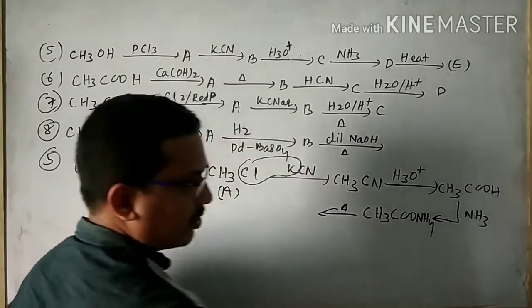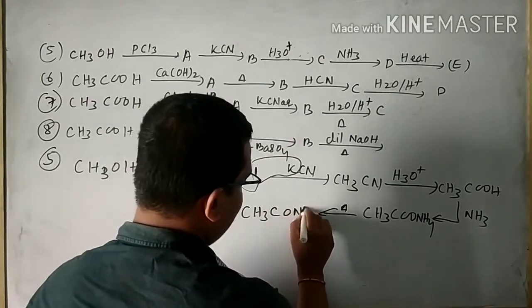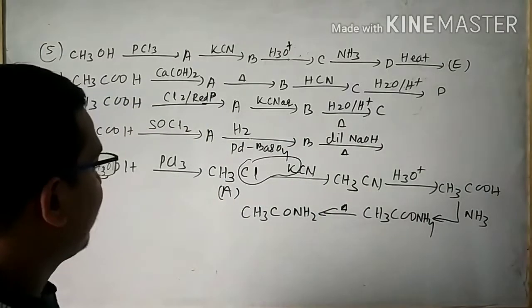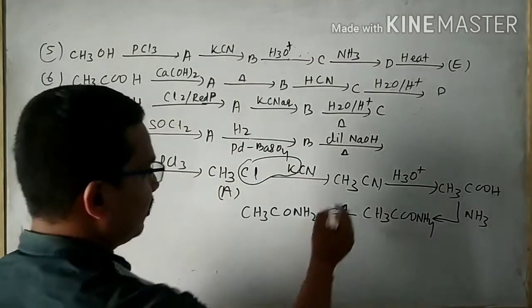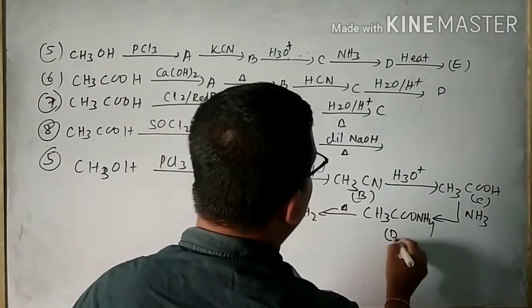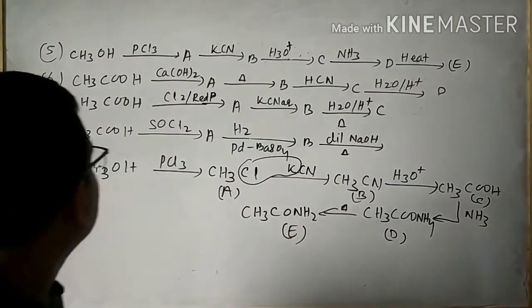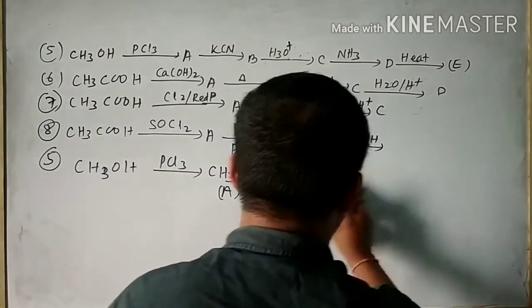Then a water molecule is lost. After loss of the water molecule, CH3CONH2 is formed. Here A is methyl chloride, and the others are said to be B, C, D and E. Next I will discuss question number 6.